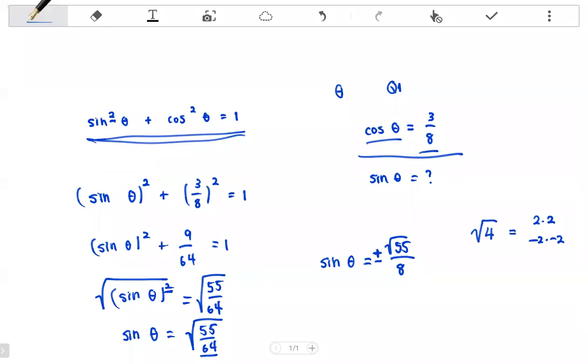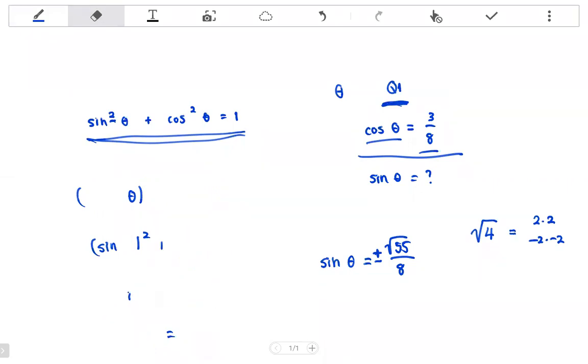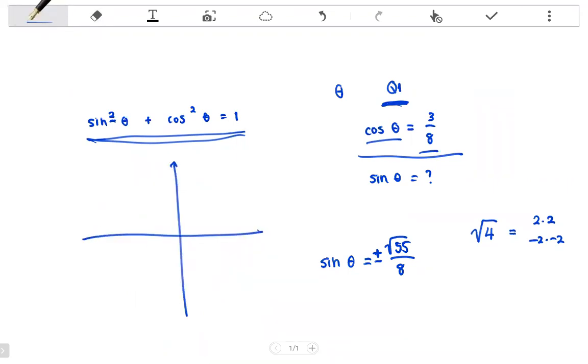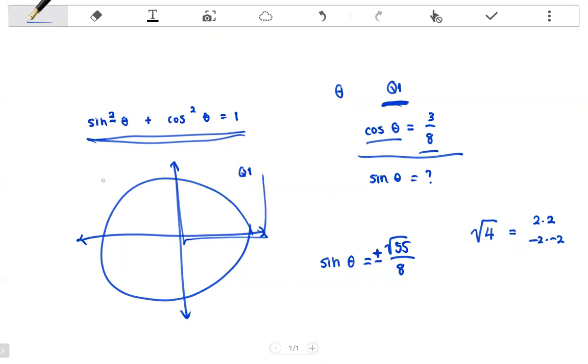So we don't know yet, but remember in the beginning, we were told that it's in quadrant 1. So our theta is in quadrant 1, which means, I guess I didn't explain this, if we have an imaginary unit circle here, this is quadrant 1, this is quadrant 2, this is quadrant 3, this is quadrant 4.